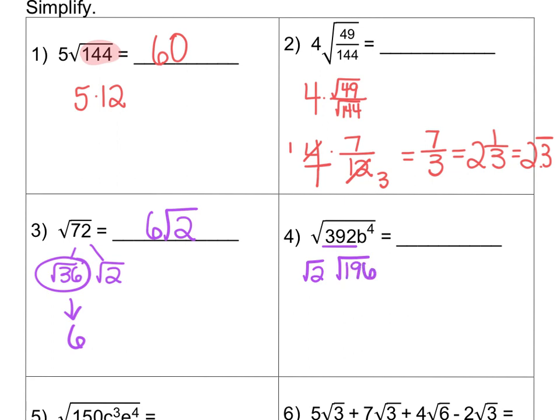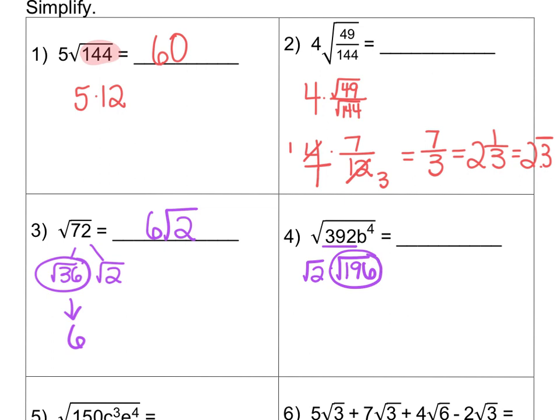And 196 is a perfect square. So let's say you didn't break it down to 2 and 196 at first. That's okay. You just have to keep seeing that there are still numbers that would be able to be broken down underneath the radical. You want to keep simplifying until you can't simplify it anymore.